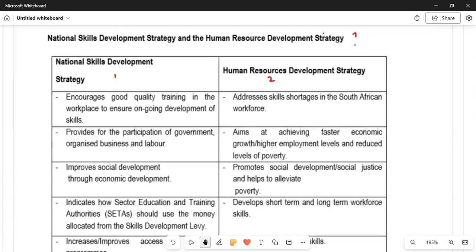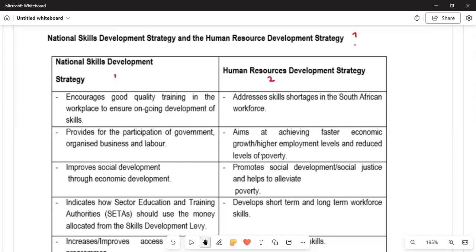You all know that whenever the skills are provided, that is going to be very helpful to the economy of the country. It indicates how sector education and training authorities should use the money allocated through skills development levy. That is very important.